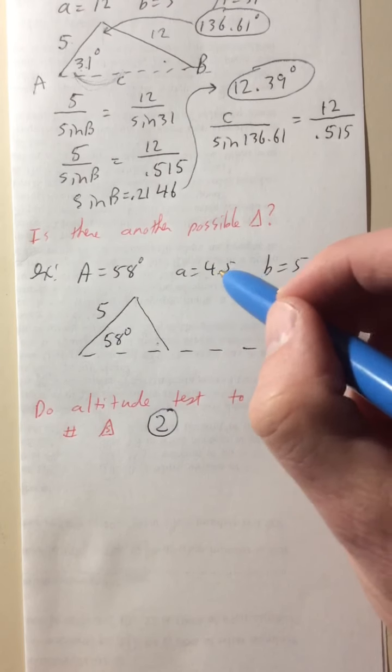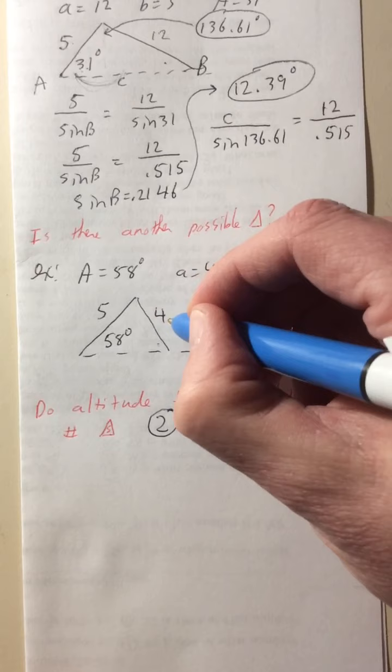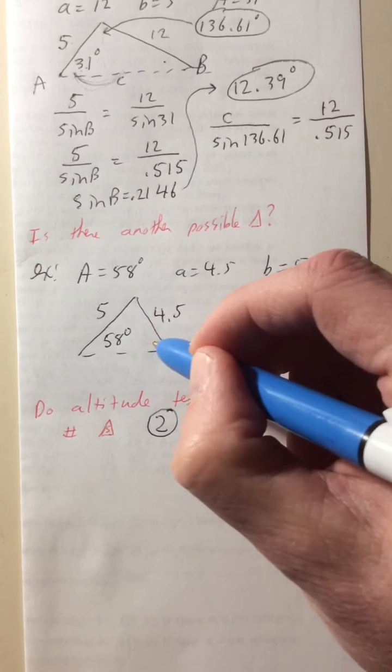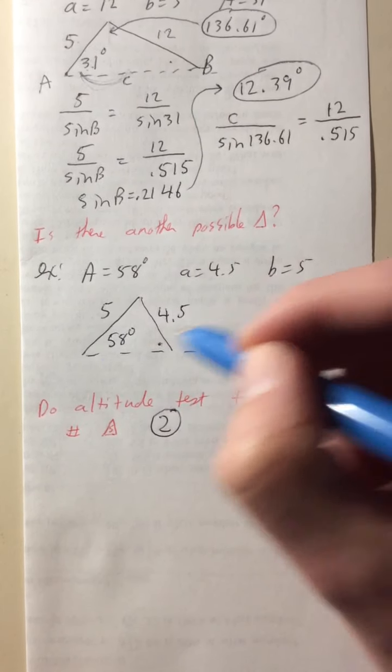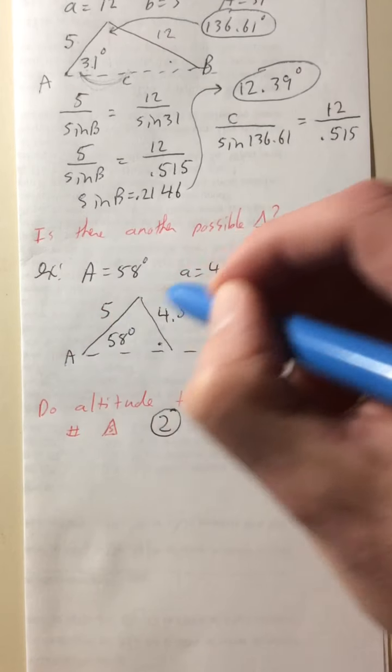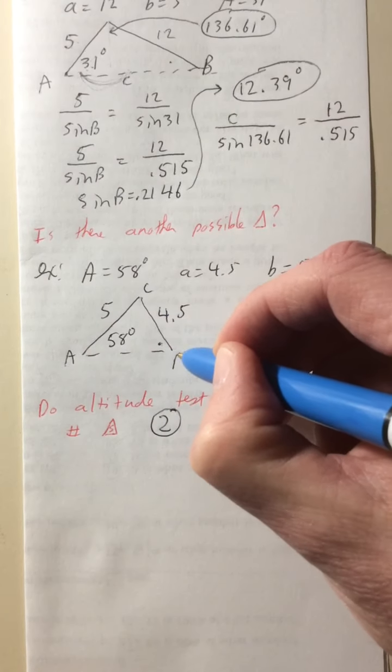Nope, we're missing a side here. Oh, side A is 4.5. There we go, 4.5. That goes right there. So we need to find this angle right here. This was A here, this is C here, this is B down here.